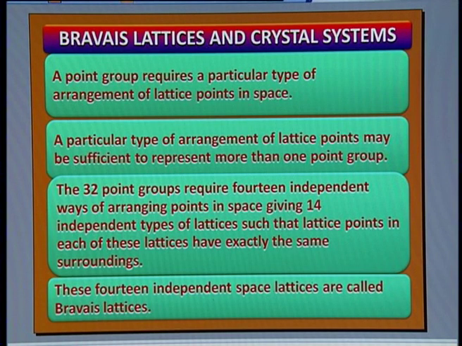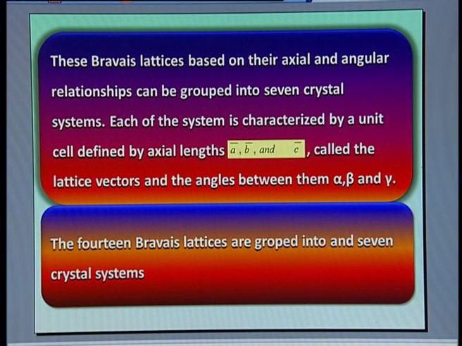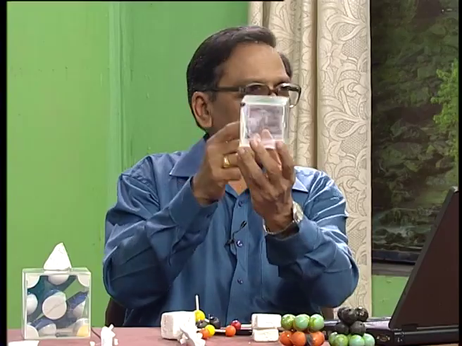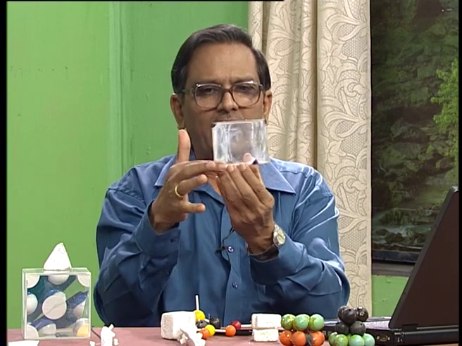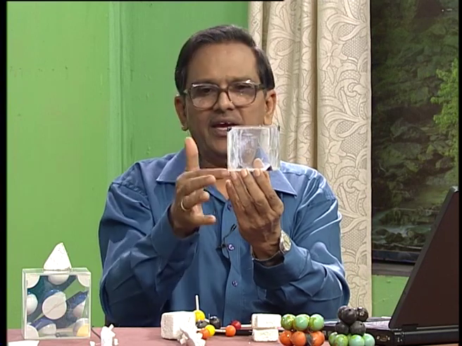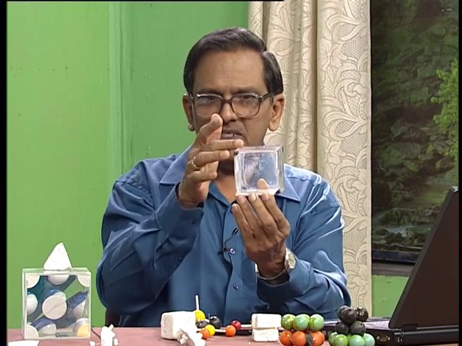So these 14 space lattices are called Bravais lattices, and each Bravais lattice is defined by 3 axial lengths. If you take this particular cube, it has 3 axes, x axis, y axis and z axis. So it is characterized by the 3 crystallographic axes and the angles subtended between them.